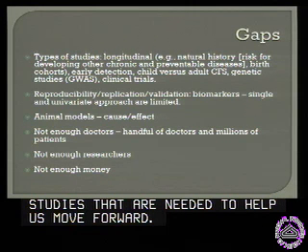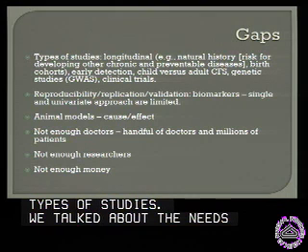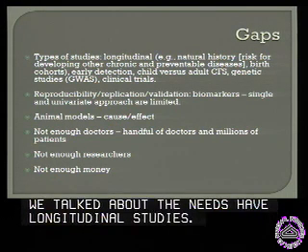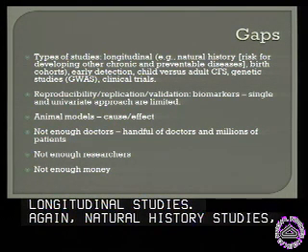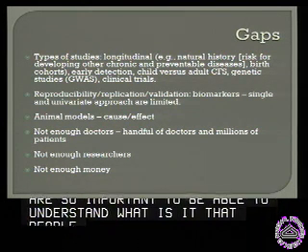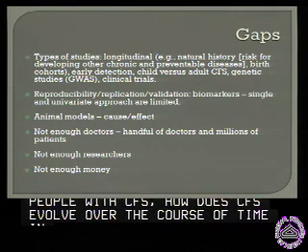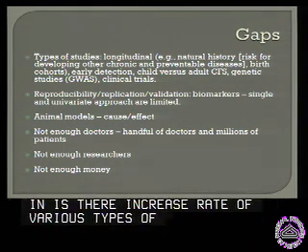Types of studies. We talked about the need to have longitudinal studies. And again, natural history studies are so important to be able to understand how CFS evolves over the course of time. Is there an increased rate of various types of cancers in people with CFS?